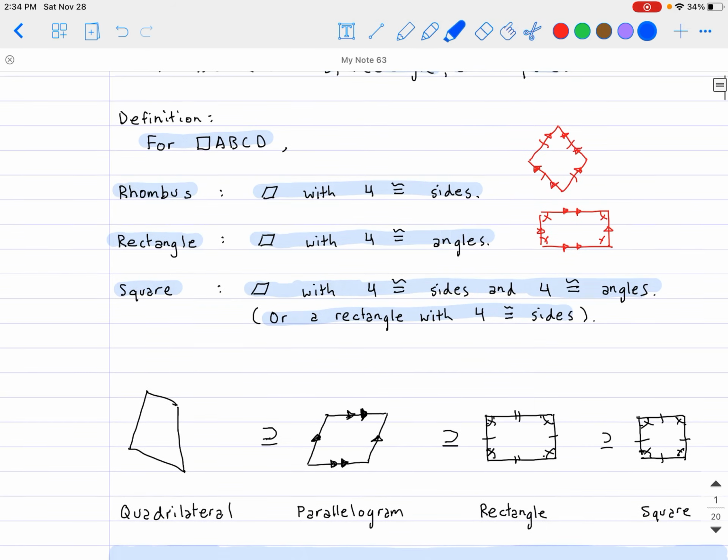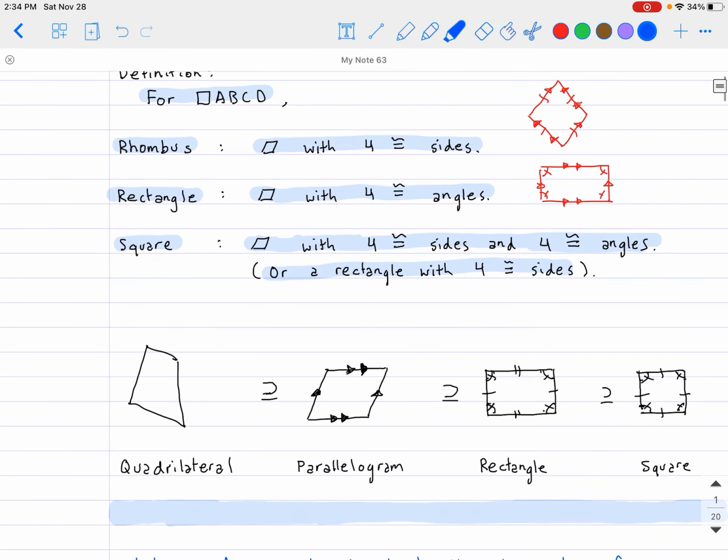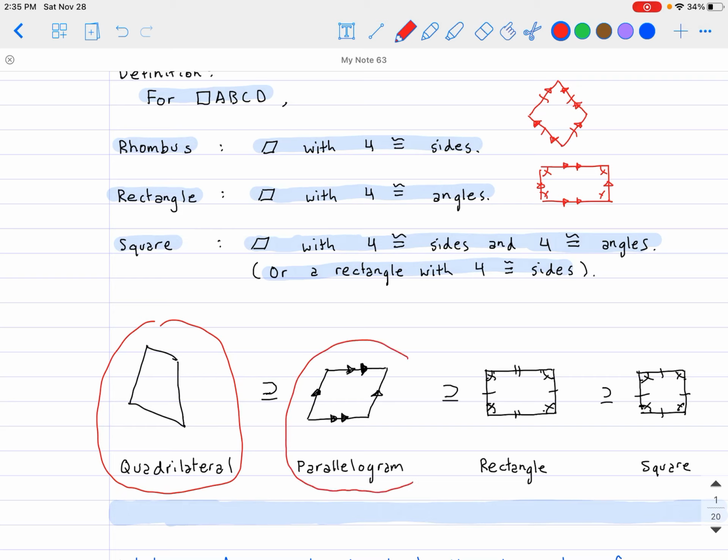All right, so now we can share a small illustration of what's happening, just as an overview. At first, we defined what a quadrilateral is, which is just something with any four sides. The first subset we got into afterward was the parallelogram. That's how we defined it at the very beginning of the chapter. From there, we look into a subset, which is a rectangle.